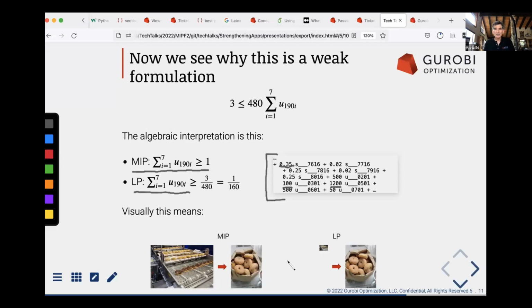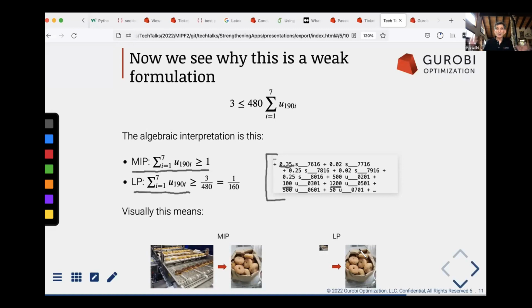But when we relax integrality, what we essentially have is a tiny replica of this machine whose energy consumption is a tiny fraction of that of the original machine. But yet somehow, despite that much lower operational cost, it still manages to produce just as much product.